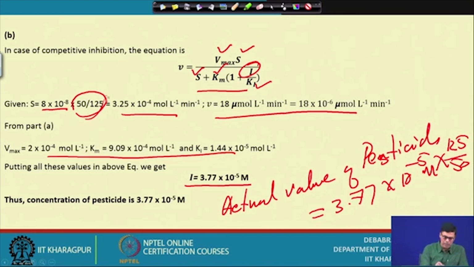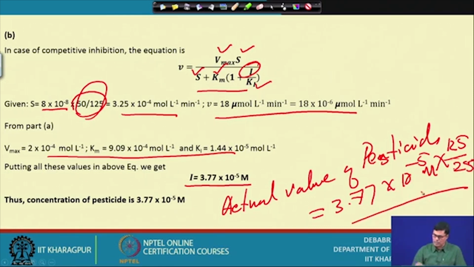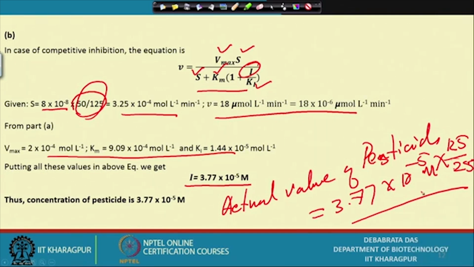Why have we multiplied by this factor? Because the pesticide solution was also diluted. Am I right? But no, I made a mistake. In case of pesticide, the dilution factor will be a little bit higher, because we have used 25 milliliter. So it is to be multiplied by 125 by 25. Then you will get the exact pesticide concentration that we have in the sample.